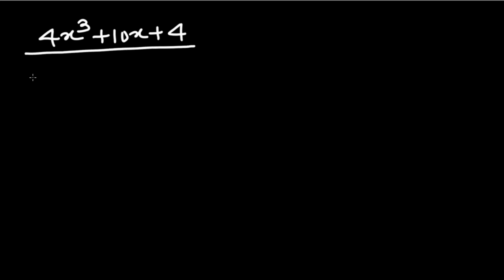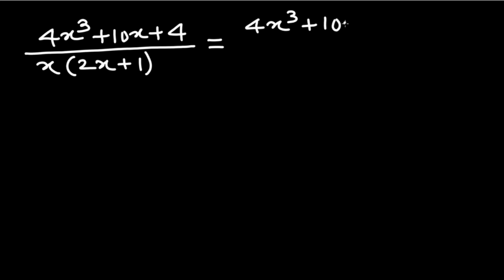Decompose into partial fractions 4x cubed plus 10x plus 4 upon x times 2x plus 1. We write this as 4x cube plus 10x plus 4 upon 2x square plus x.